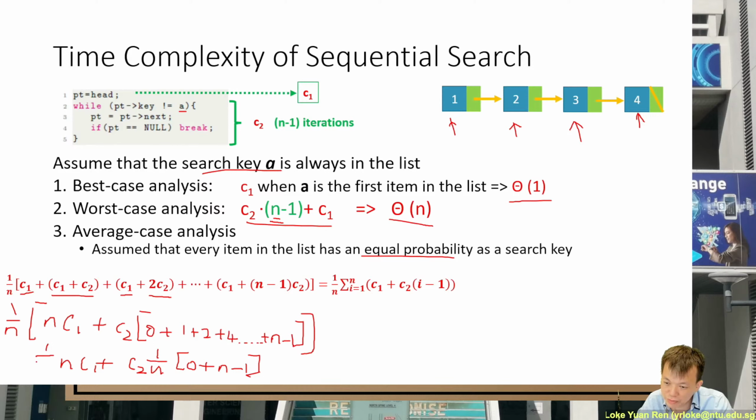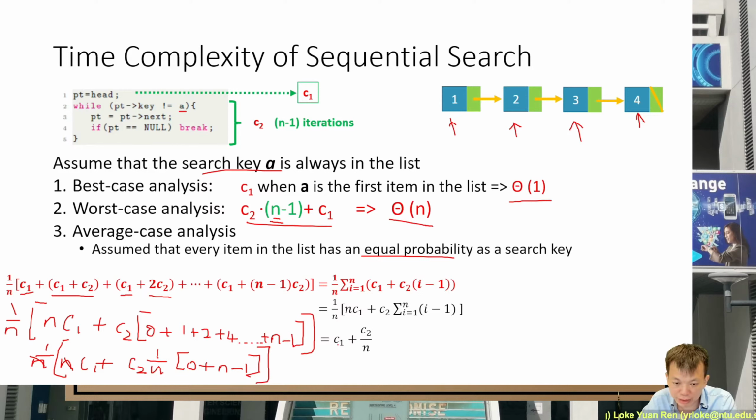Outside there's another 1 over n. I think I have a proper one. So I can rewrite this. Then after you simplify this, you will find that this part should be C1. Then this part is something with n minus 1.